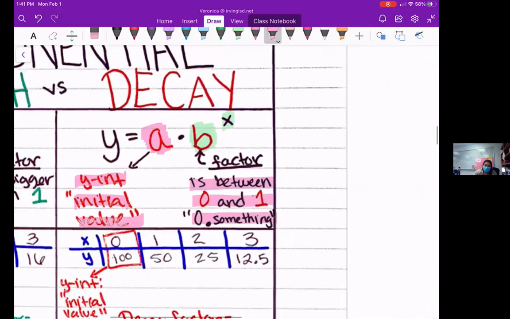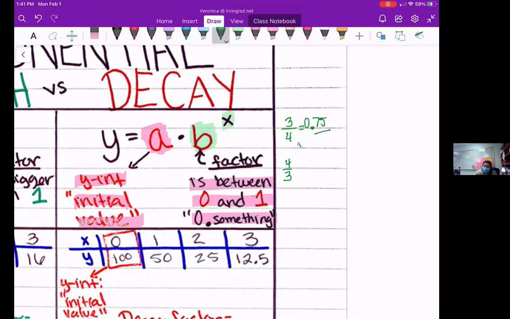So if I give you an example of, let's do the same one I've been doing. 3/4 and 4/3. Those are both fractions. So does that mean that both of them represent a decay exponential function? No. 3/4 is the same as 0.75, which you can see is 0 point something, right?